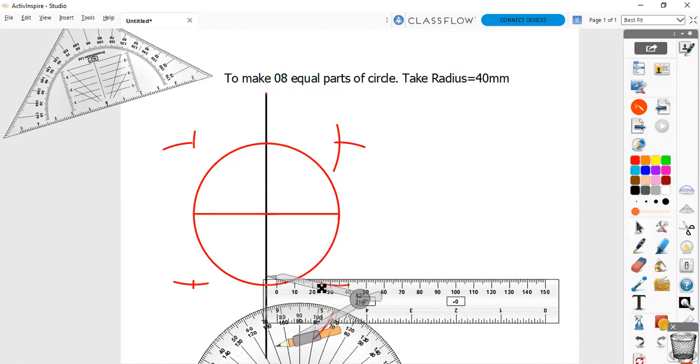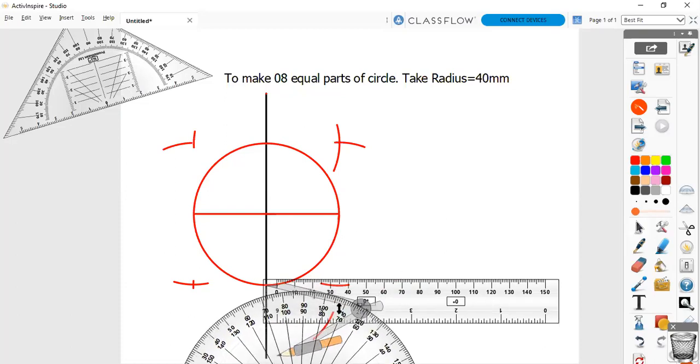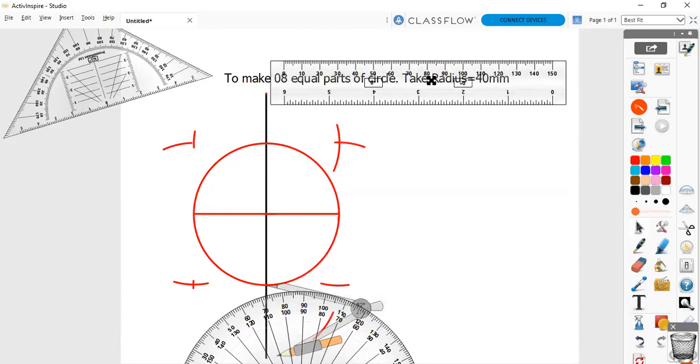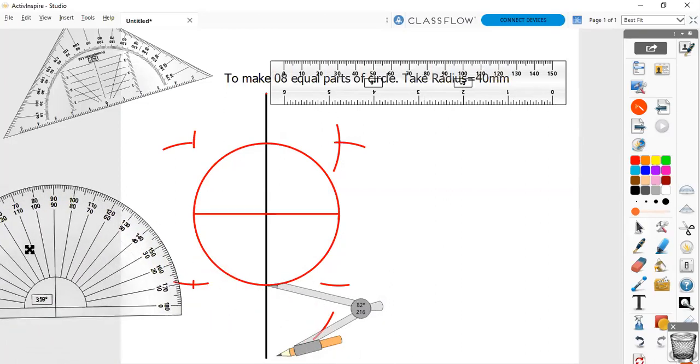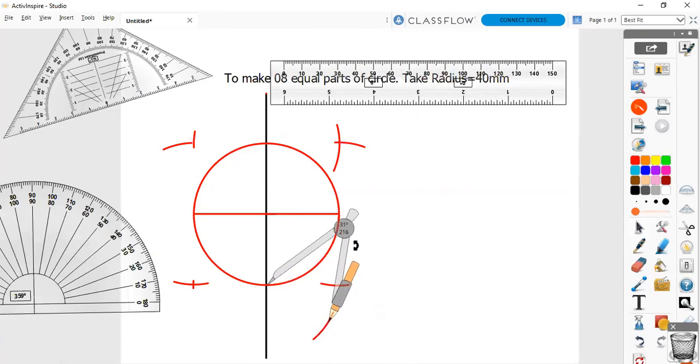From this point also, it is going to meet this line over here. This is not required. This is also not required. But here we will use it to meet this line over here again.